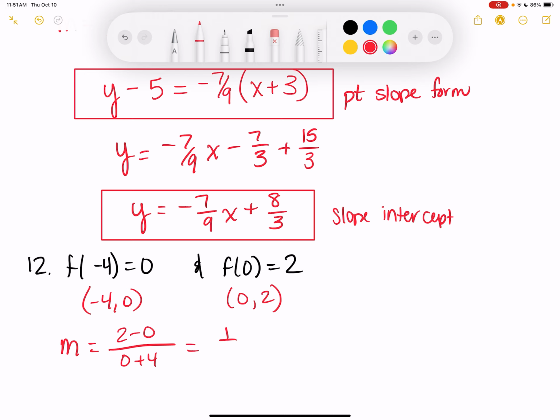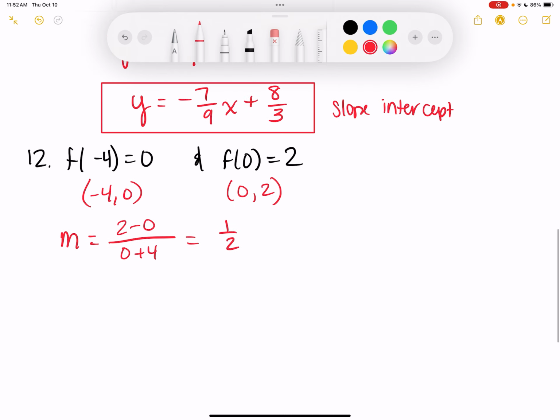So I get a slope of 1/2. I want my equation of my line. y minus 2 equals 1/2 times x minus 0. So y equals 1/2 x plus 2.